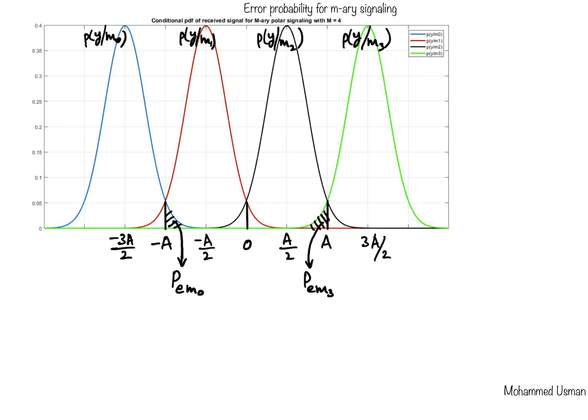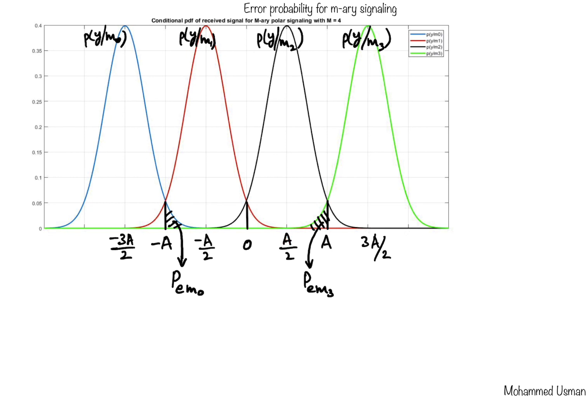The error probability when M1 is transmitted would be the area under the PDF for M1 to the left of the threshold on the left hand side, which is to the left of minus a, plus the area under the PDF for M1 to the right of 0.